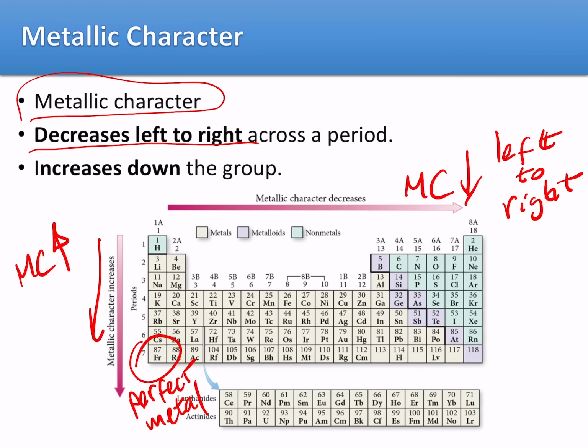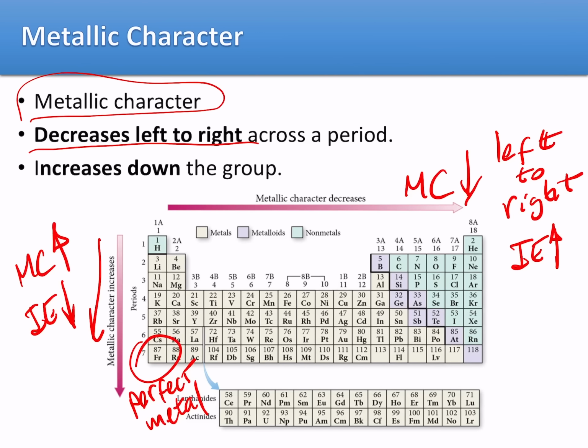Okay, things to remember here, and remember, part of the metallic character is the tendency to lose electrons. So if you go down the group, your ionization energy decreases. If you go left to right, your ionization energy increases, and then the relationship here should be clear, right?